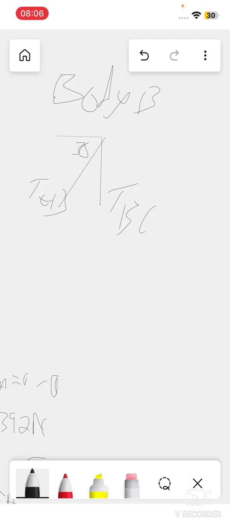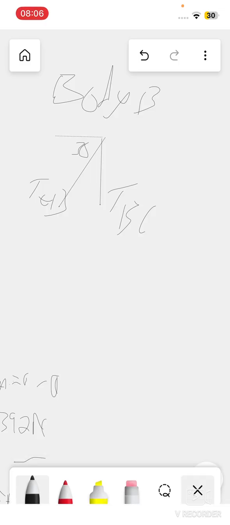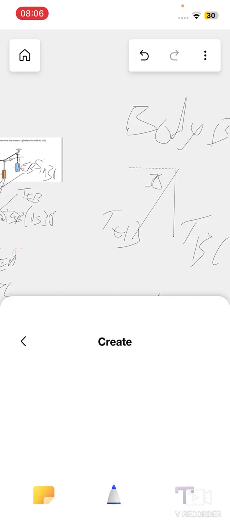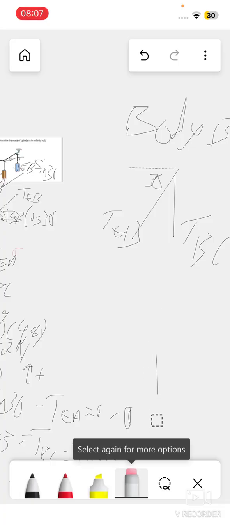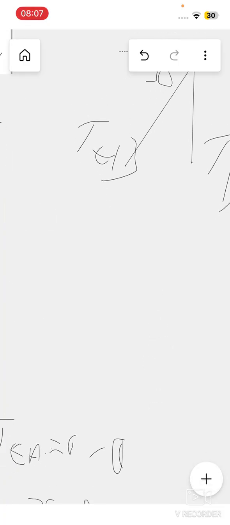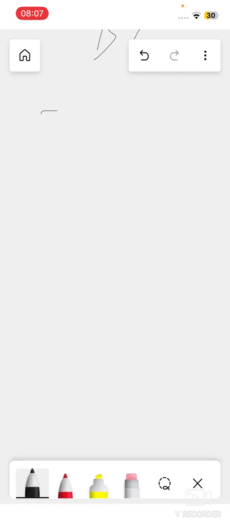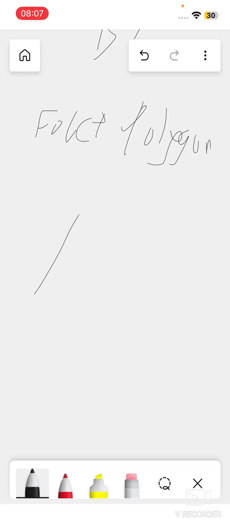If you are also advised to draw the force polygon, let's draw it, guys. I'm going to use my freehand force polygon. We have one force going like this, another going like this, and another going like that.